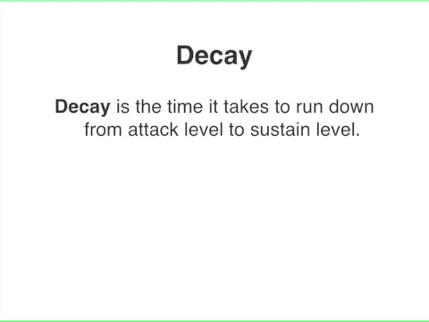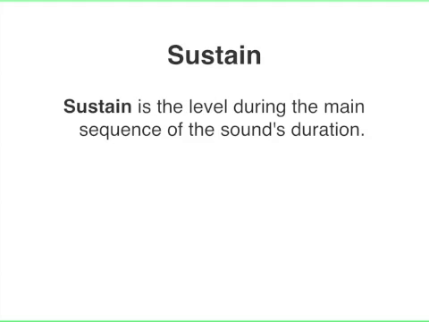So when you think about pressing that key, there's a certain amount of time when it comes up to the peak, and then it settles down to a sustaining level, which is below the peak level. That's the decay from the peak down to the sustain level. Sustain is the level during the main sequence of the sound's duration.